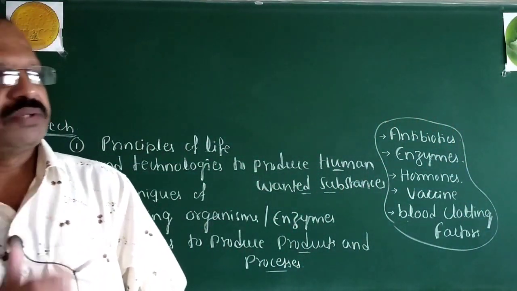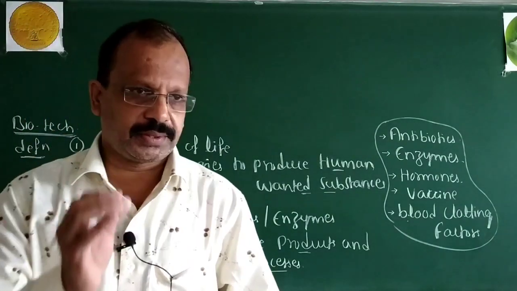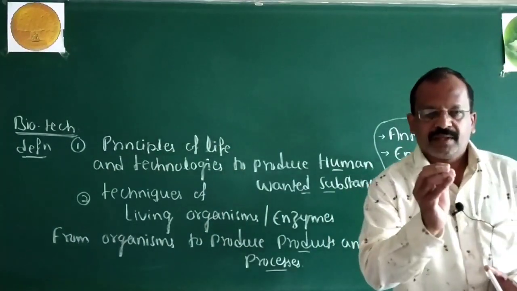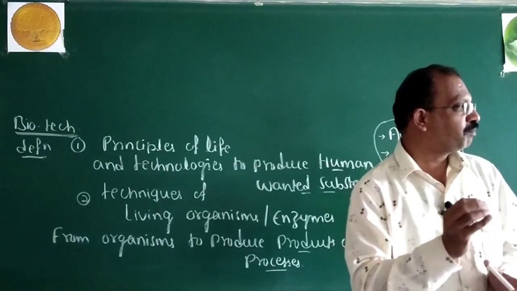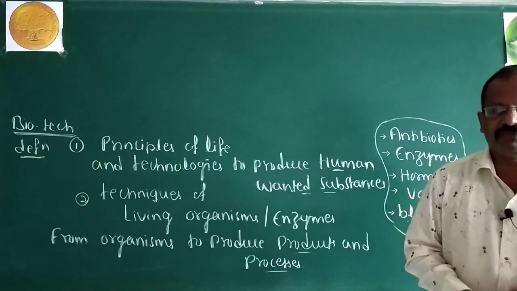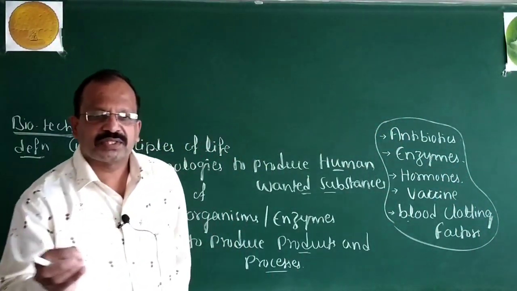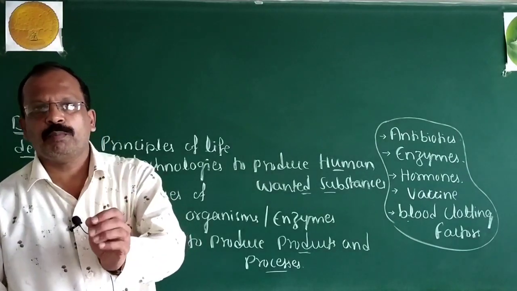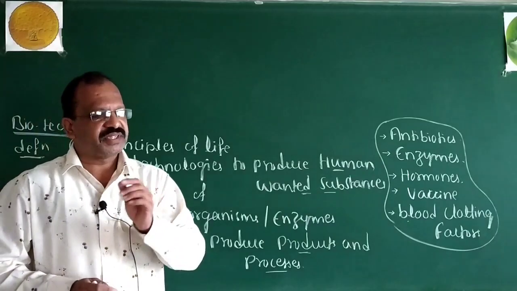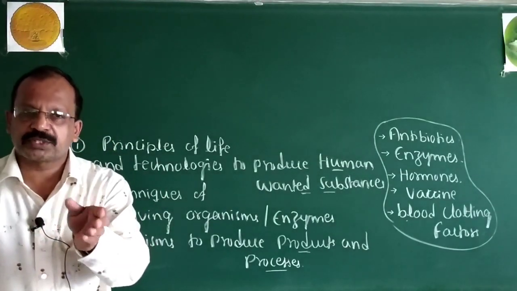Back to PUC first year, chapter respiration in plants, where we have come across the process of respiration. The process of respiration which takes place in presence of oxygen is called aerobic respiration.